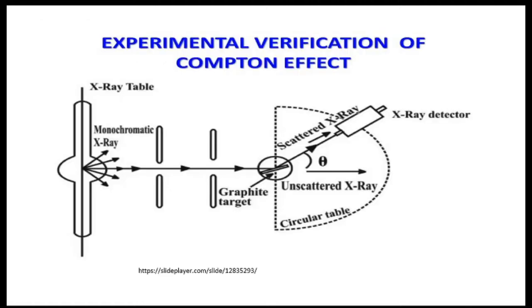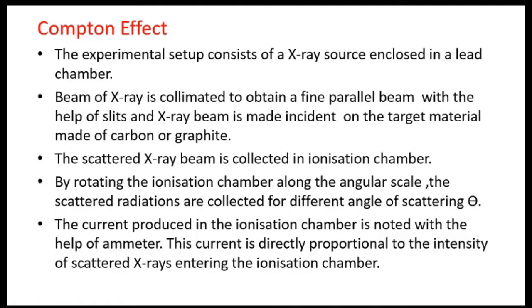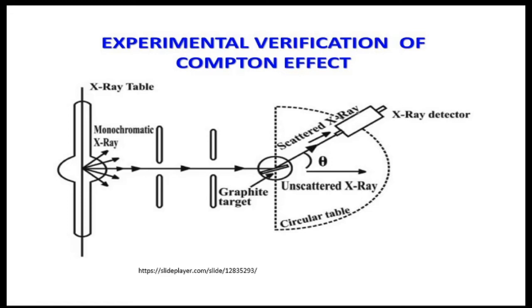So this is the experimental setup for the study of the Compton effect. The setup consists of an X-ray source, enclosed in a lead box or lead chamber. X-rays are emitted in all possible directions.